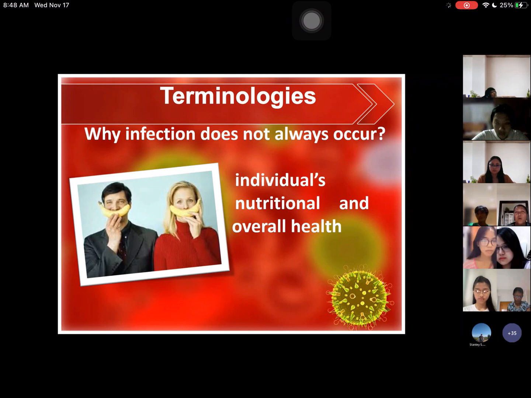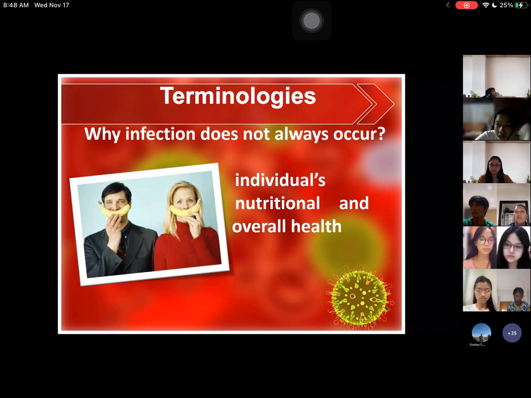Okay, so if we have a good nutritional status or good overall health, meaning to say we have a very strong immune system, we can fight against infection. Okay, we prevent our system from having that infection.